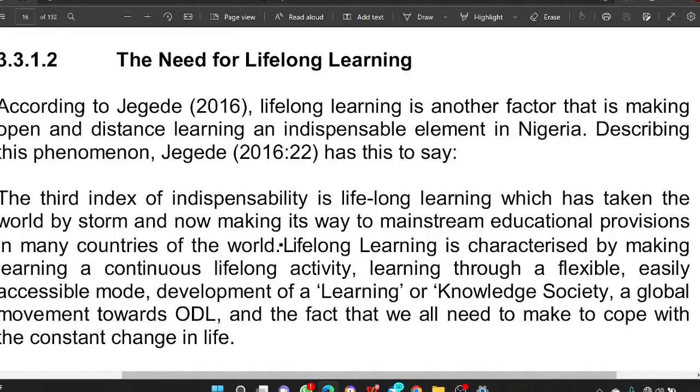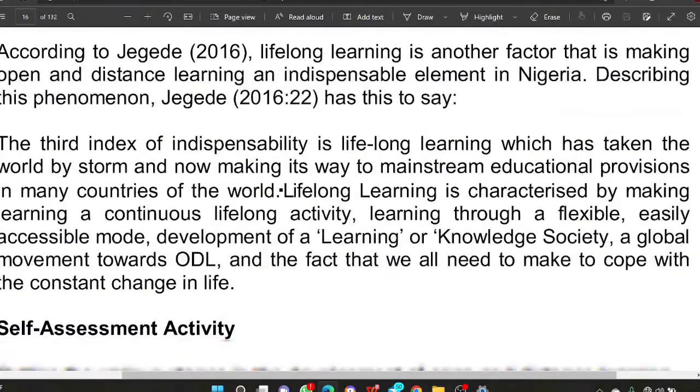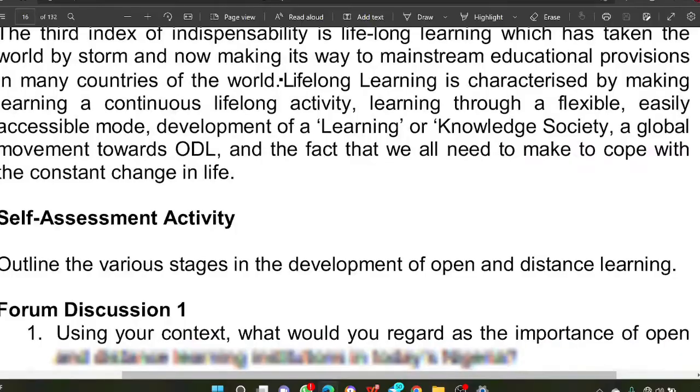Lifelong learning is characterized by making learning a continuous lifelong activity, learning through a flexible, easily accessible mode, development of a learning or knowledge society, a global movement towards ODL, and the fact that we all need to learn to cope with the constant change in life.